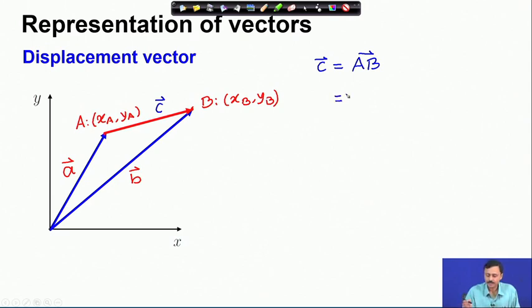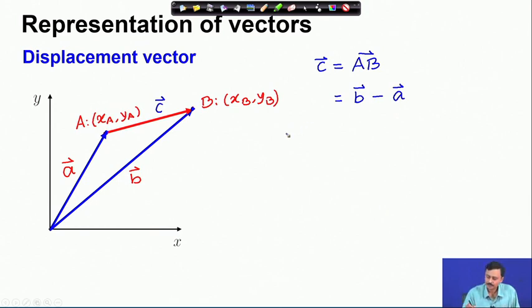So, this can be written in terms of this lowercase a and b vectors in this manner. So, b minus a, since capital B is the final position and capital A can be considered to be the initial position. So, c goes from initial position to final position. So, therefore, it is the final position vector minus the initial position vector. So, it is b minus a.